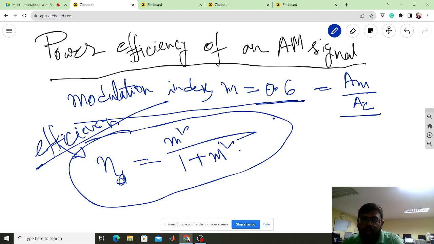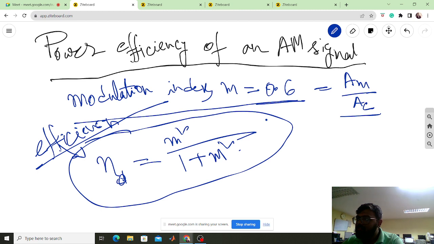ratio. Yeah, so I have a question here. Using the same formula, I had solved the problem, but it was marked as incorrect. Which one? I don't know that one. This efficiency thing only, in the solution the answer was something else. Okay, so I actually don't know which question you are referring to.